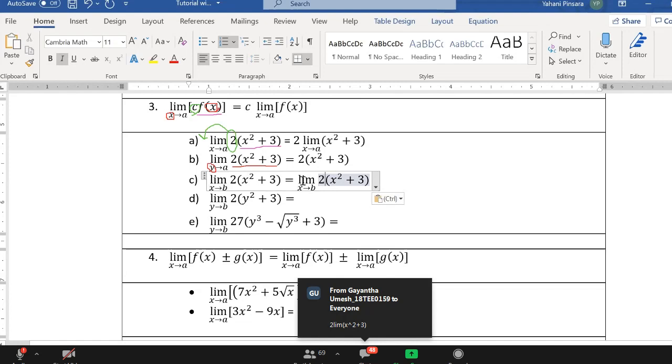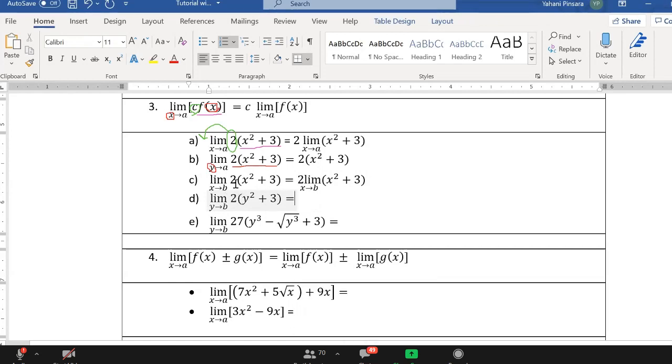This two should be taken outside, right? So here y is included in this function, and it is multiplied by a constant which is 2. So you can apply this rule, and you have to take the constant outside.